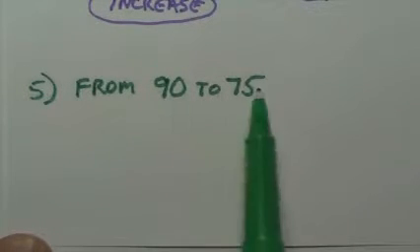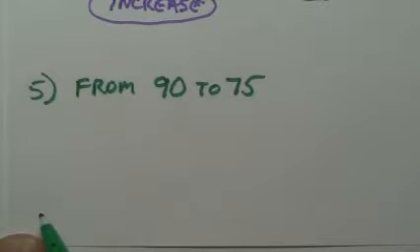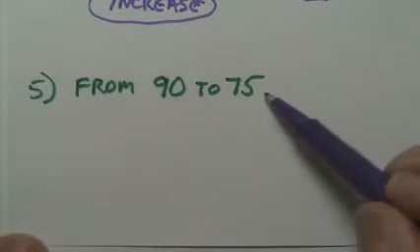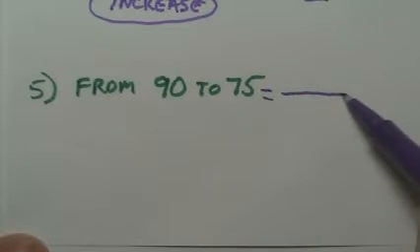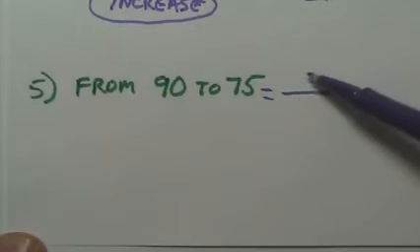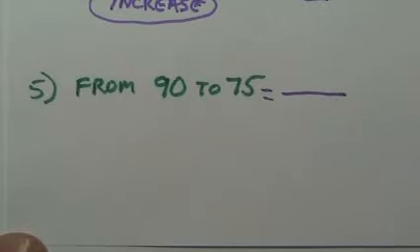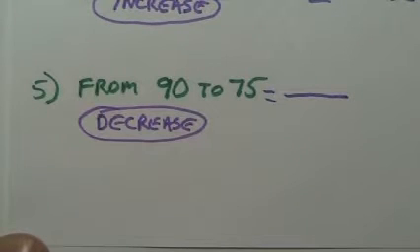Okay, number 5, from 90 to 75. Please write down if it's an increase or decrease, and then go ahead and see if you can figure out the fraction that's to be used. We should have down that it's a decrease.